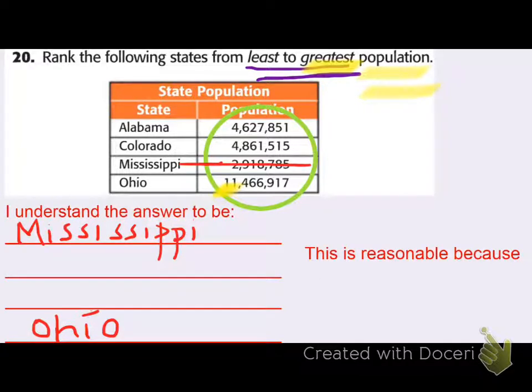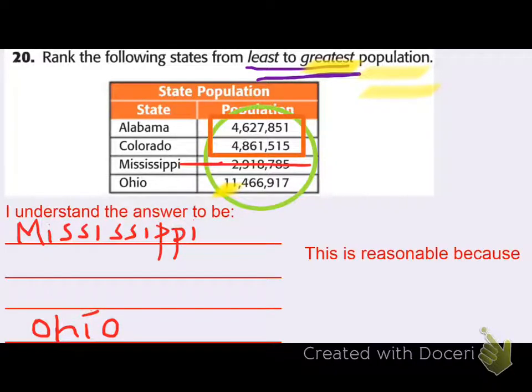Right, now that I've determined the largest value is Ohio, I went ahead and put that last, its greatest population. I put Mississippi, it had the smallest, the least amount of people living there first. So that leaves us with Alabama and Colorado. If we look at the 2 values in the orange box that are left, they both have 4 million people living there.